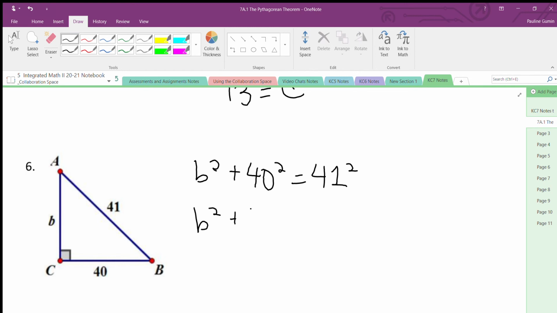B squared plus 1600. Then 41 squared is going to be 1681. Let me double check that as well, just in case. Okay, good. Okay, let's solve for b by beginning subtraction.